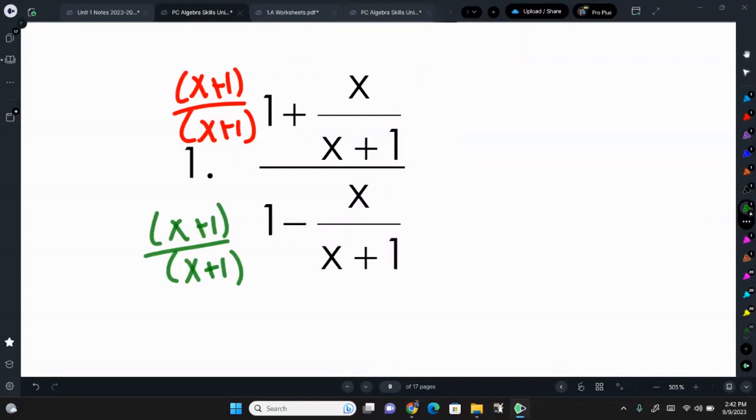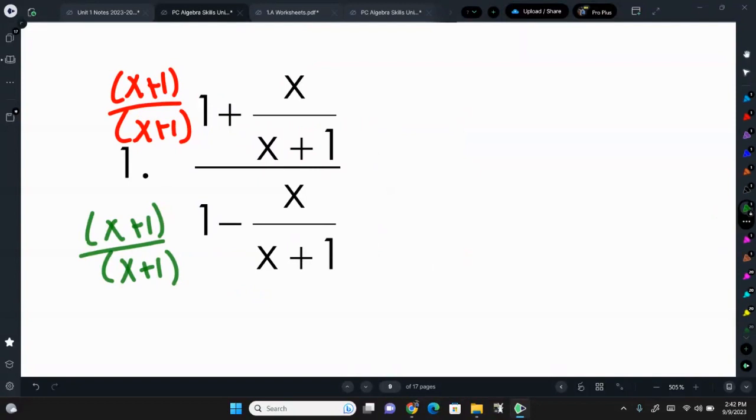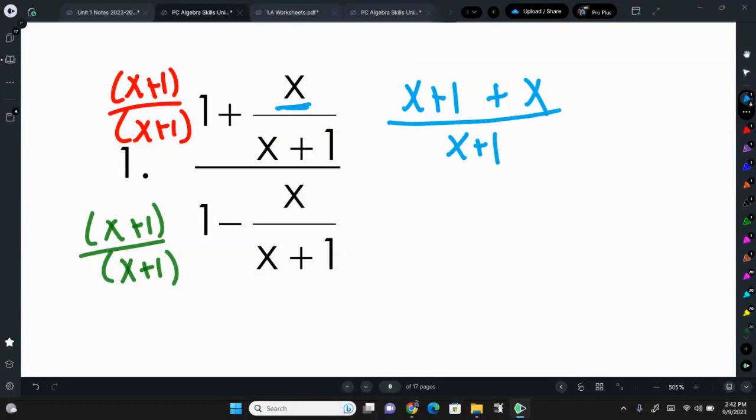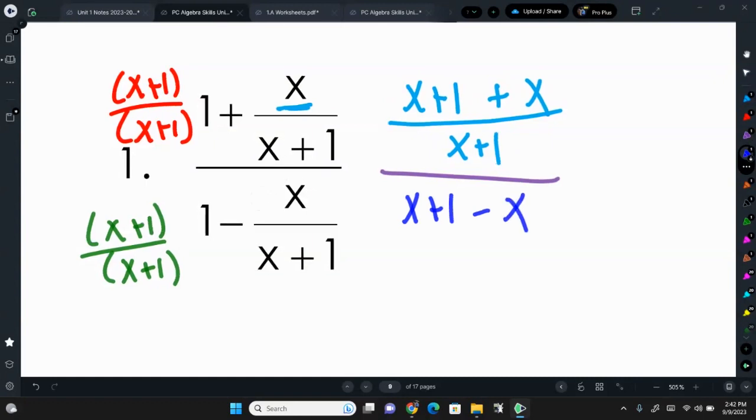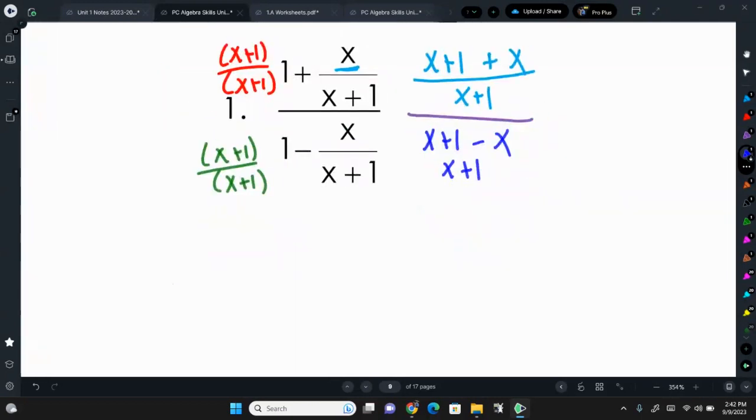So then, once we distribute all this, we're going to have x plus 1 plus x, because we have plus x right here, over our common denominator of x plus 1. And then the second fraction, distribute that again, is going to be x plus 1 minus x over x plus 1. So now I have a fraction over a fraction. I'm going to combine like terms, and then instead of dividing, we're going to multiply by the reciprocal.